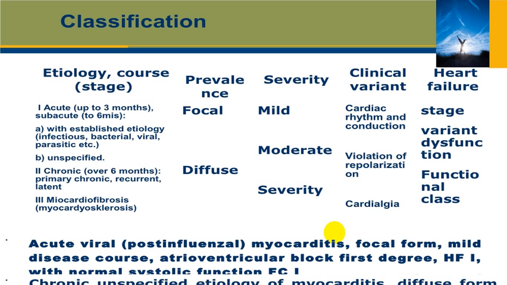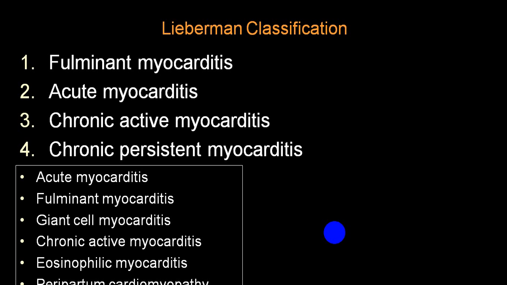Clinical variants where you can come across rhythm and conduction disturbances, pain in cardiac region, and heart failure with different stages, variant dysfunction and functional classification. Chronic variety is very commonly because of different etiology. It is classified into fulminant, acute, chronic active and chronic persistent.